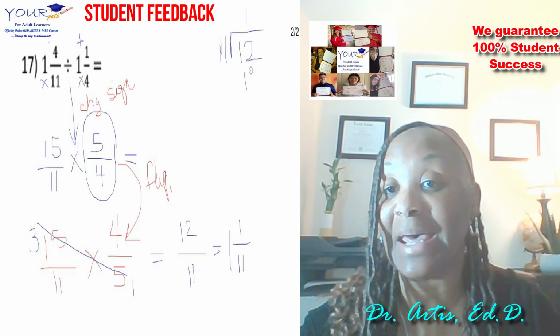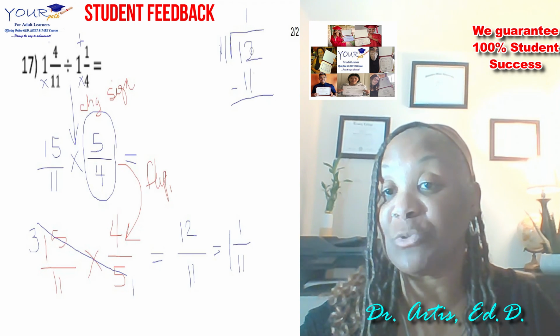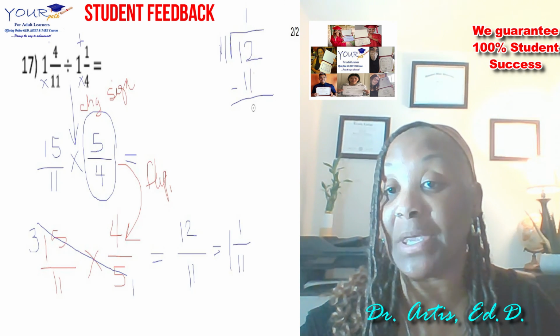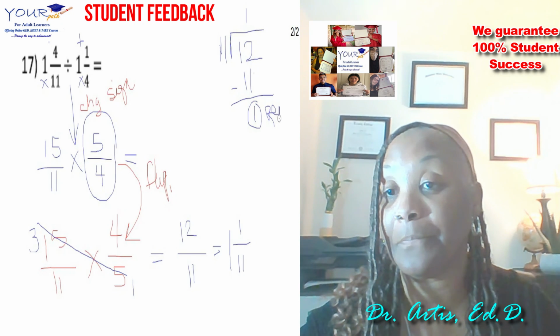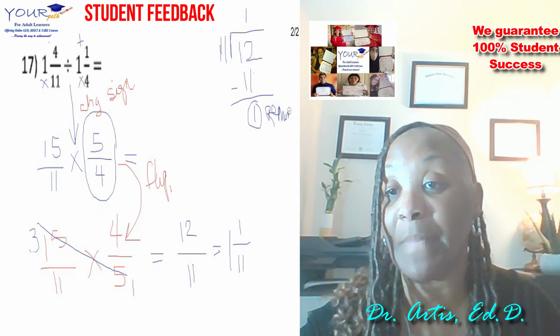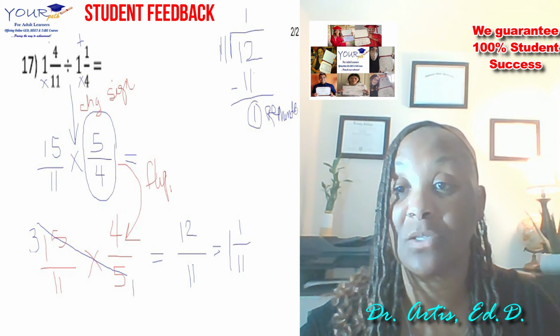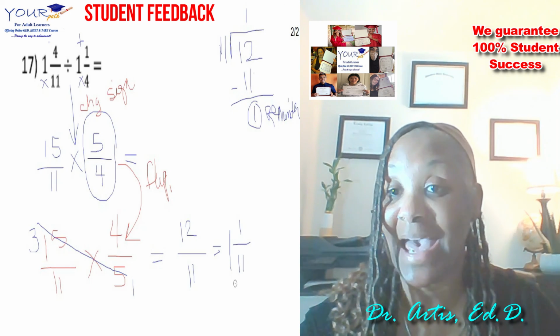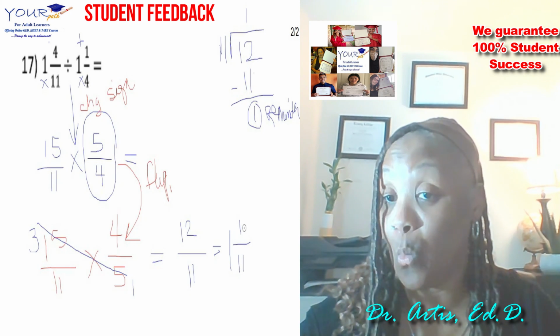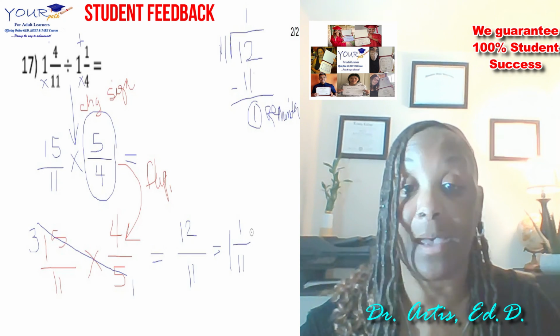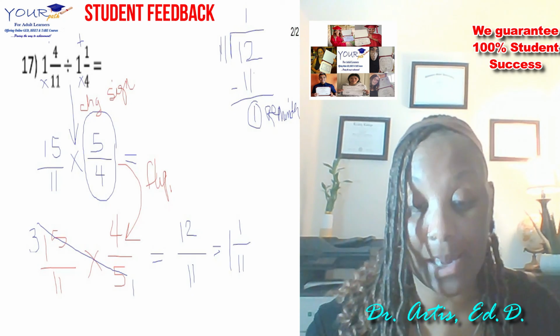So that will give me 11. I subtract 11 from 12 will give me 1. This is my remainder here. Okay, your remainder. So that means that I have 1 over 11, okay?